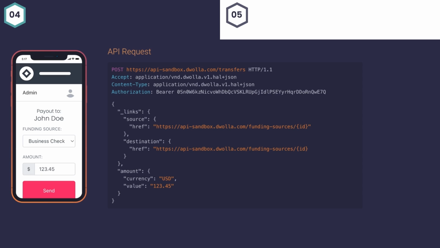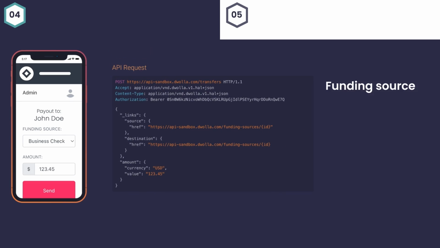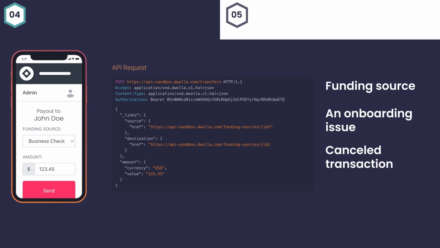A webhook is another name for a callback, letting your application know that an event has occurred, such as the addition of a funding source, onboarding of a user, or a canceled transaction. Real-time webhooks create efficiencies. For example, a webhook can lead to an internal update that sends an email notifying your customer what transaction was complete.